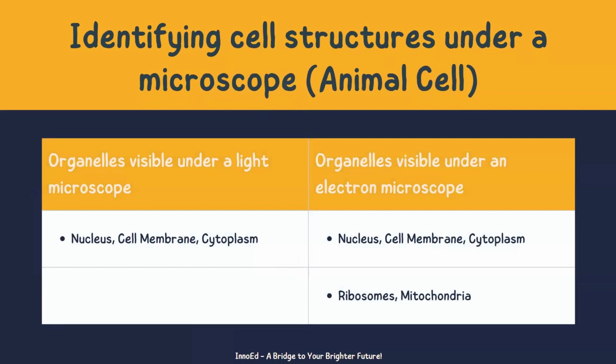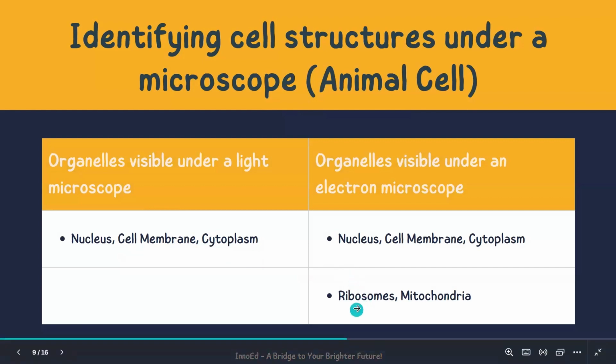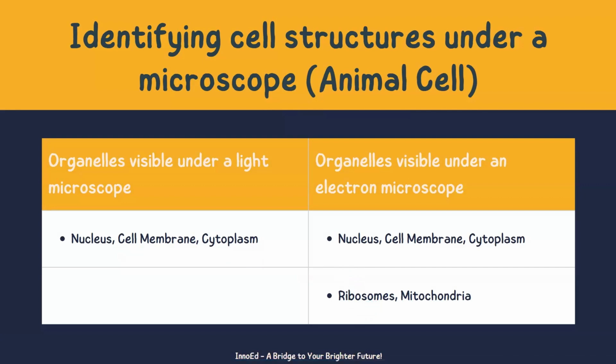This is about the identification of cell structures under a microscope. Organelles such as nucleus, cell membrane, and cytoplasm are visible under a light microscope, whereas ribosomes and mitochondria are only visible under an electron microscope because they are quite tiny.